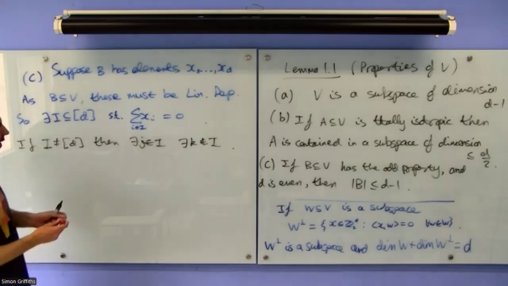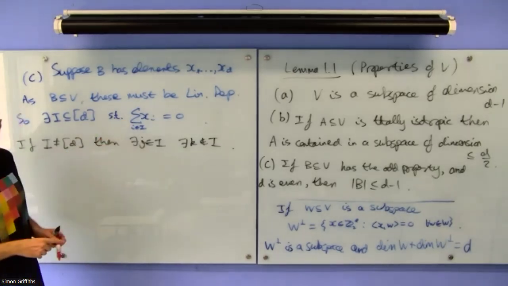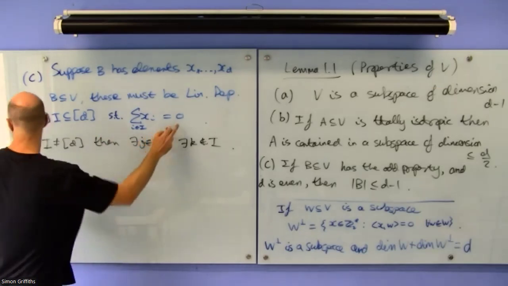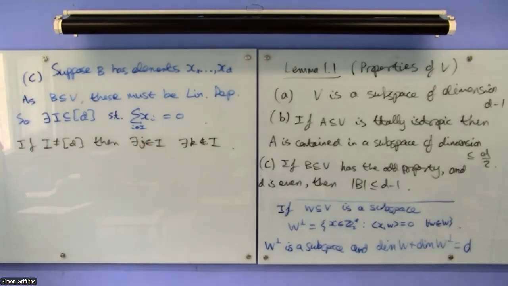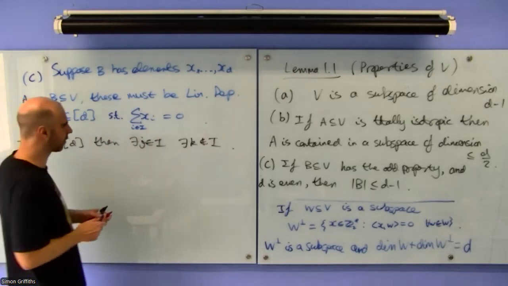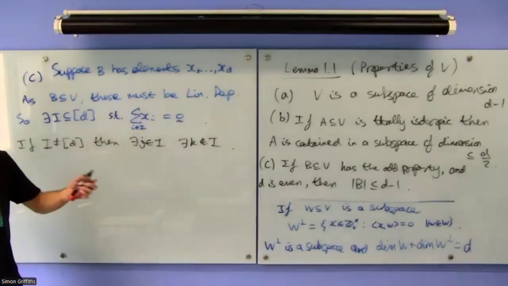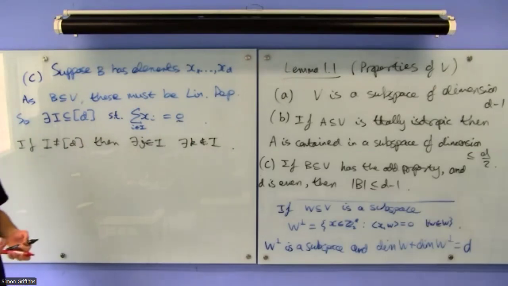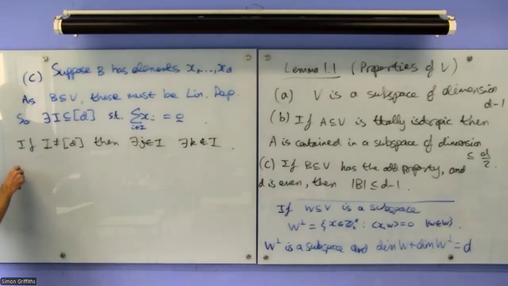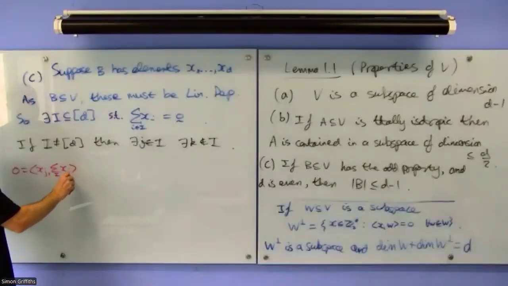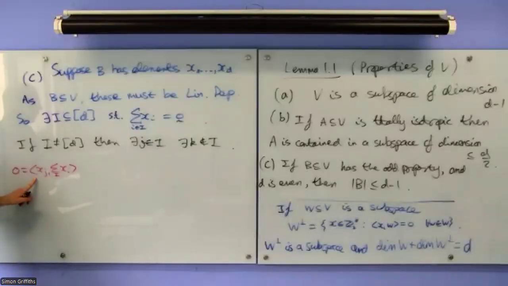What is the inner product of this with xj? When I've written 0 here, technically I mean the 0 vector. But if I do an inner product of this with anybody, the answer is 0. So 0 is equal to the inner product of xj and this big sum. But I can also calculate this using the fact that we're in this odd property set.